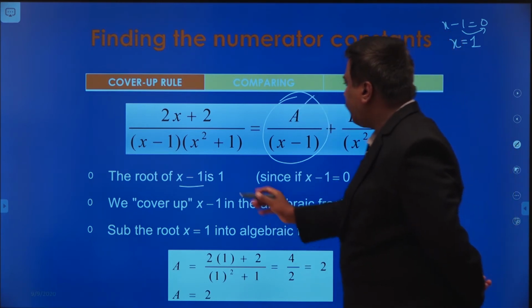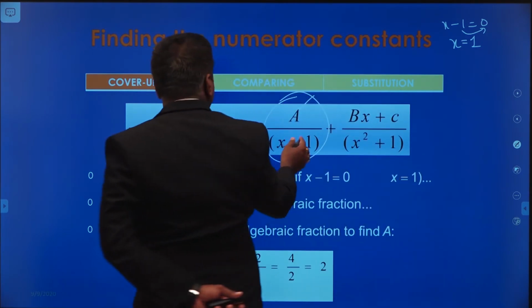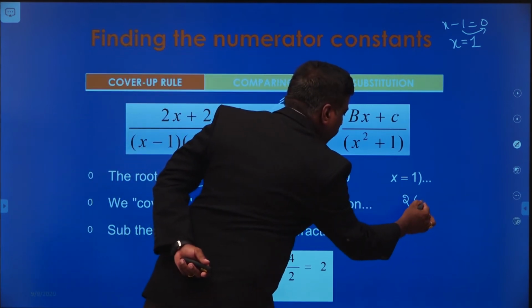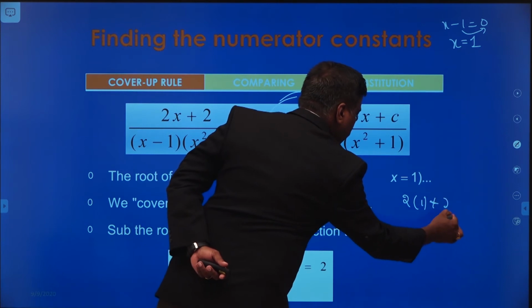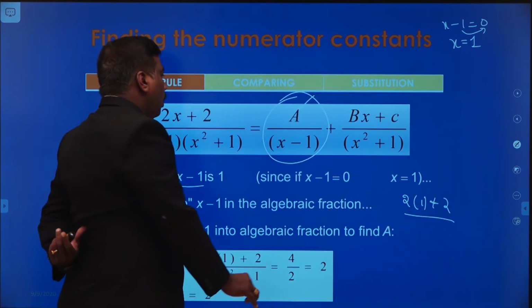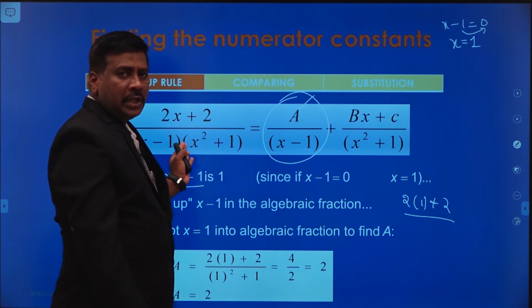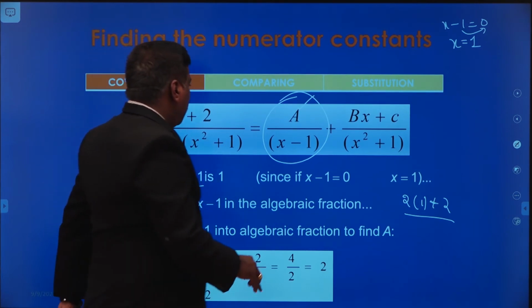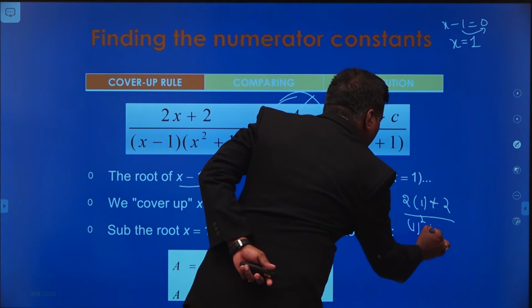Therefore, in place of this 2x plus 1, directly substitute the value here. That is 2 into 1 minus 2 into 1 plus 2 by... If you substitute the value in that place, that term becomes 0, so automatically you omit that one. Then 1 square plus 1.